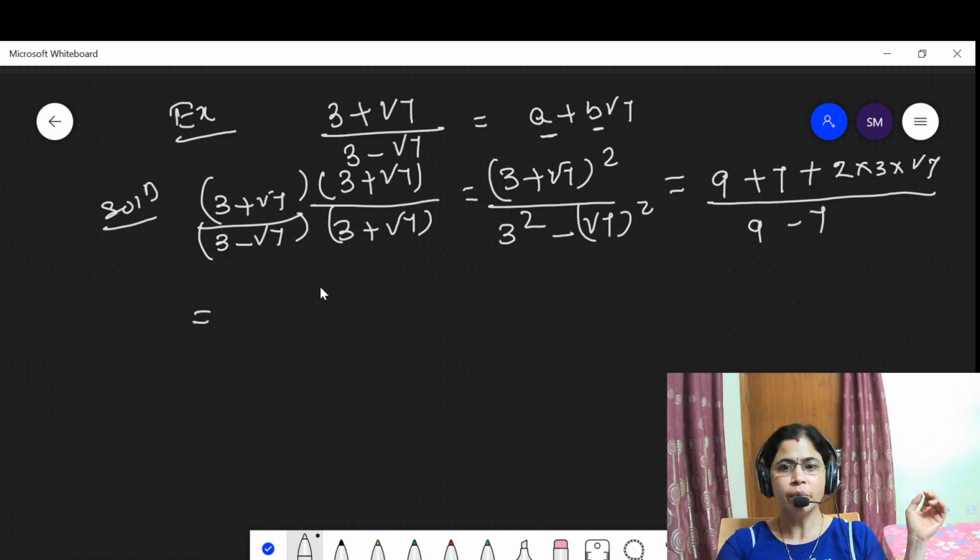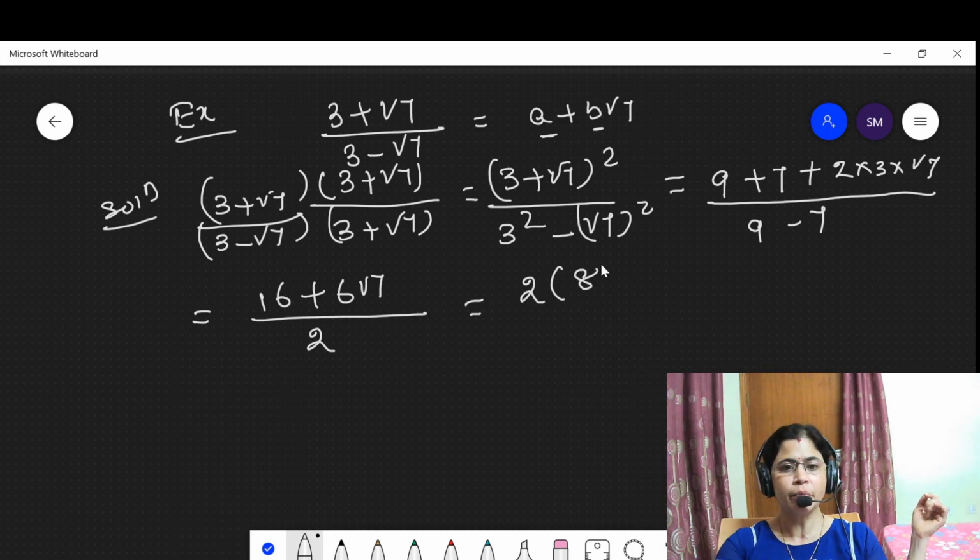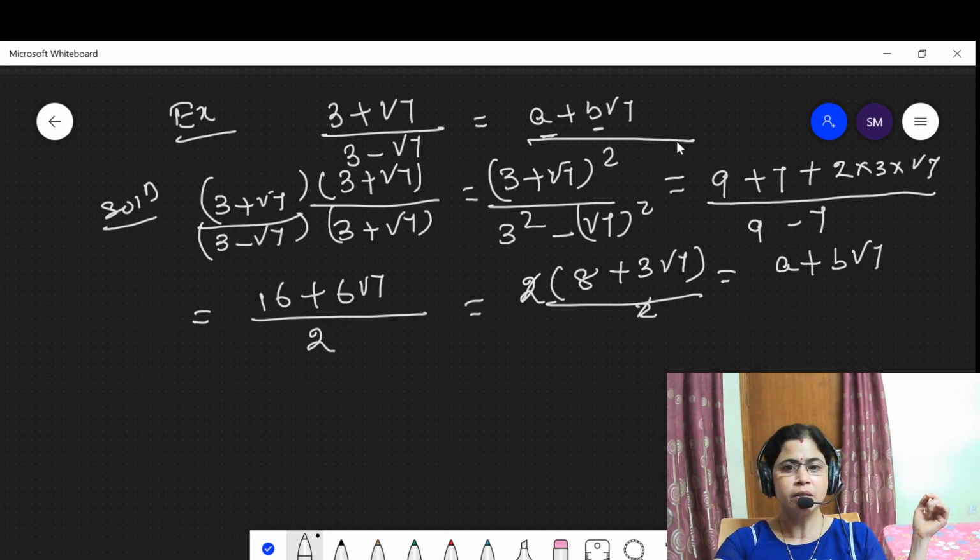Then the numerator is 9 plus 7, which is 16, plus 6 root 7, upon 9 minus 7, which is 2. Then taking 2 common, you get the numerator as 8 plus 3 root 7 upon 2. Then 2 cancels, and compare this with a plus b root 7.